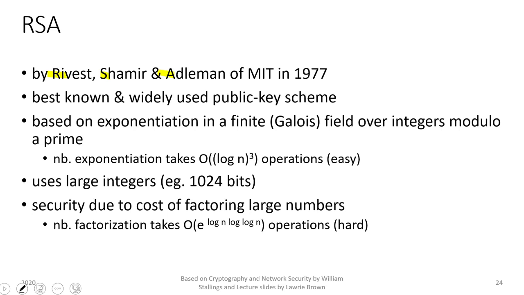The basic idea is we would do modular exponentiation in the finite Galois fields. That is the basic idea of RSA, and we would use large integers, and the security is with the factoring of large numbers. So it's something as we previously looked at.